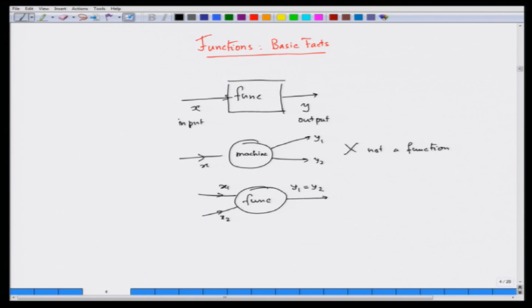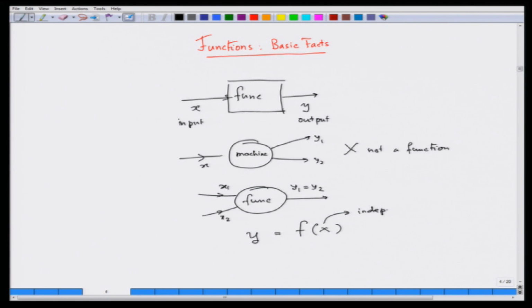For example, now the output is usually written as y and the function or the machine f is acting on x. So this machine f acts on the given input x, gives me output y. So in mathematics we call x the independent variable.